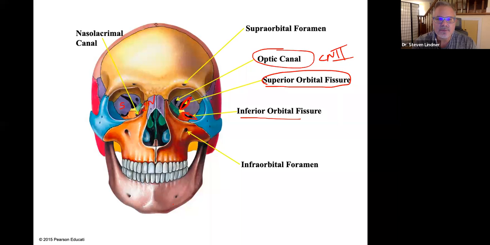Then you have the lacrimal, ethmoid, and sphenoid. So you have your optic canal, your superior orbital fissure and inferior orbital fissure. Vomer, perpendicular plate, middle nasal concha, inferior nasal concha.